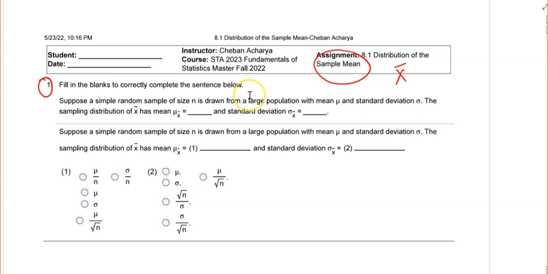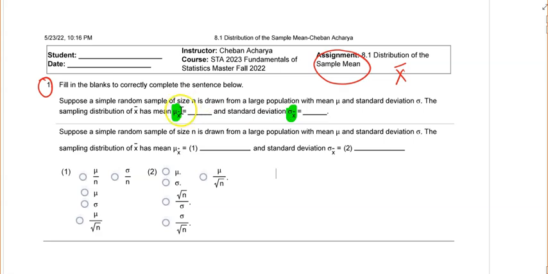Complete the sentence below. In this question, you are looking for the formula for mu x bar and sigma x bar. The mu x bar is the mean of the sampling distribution of the sample mean. Sigma x bar is the standard deviation of the sampling distribution of the sample mean.